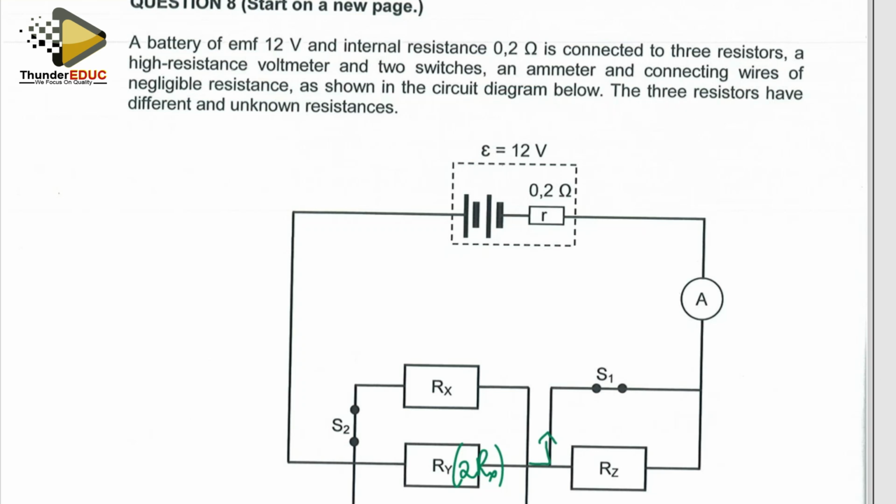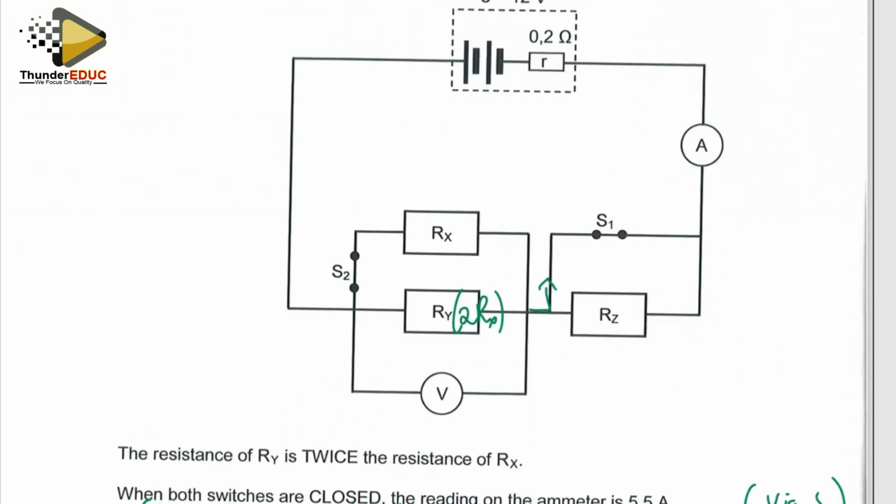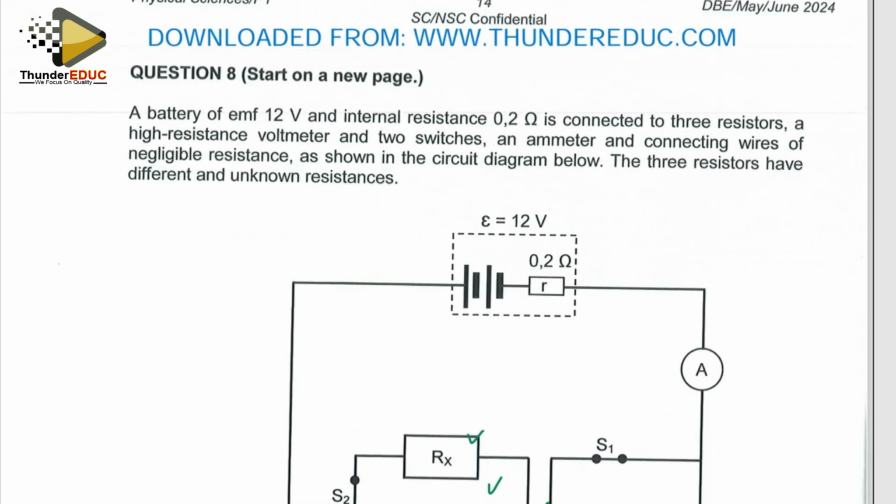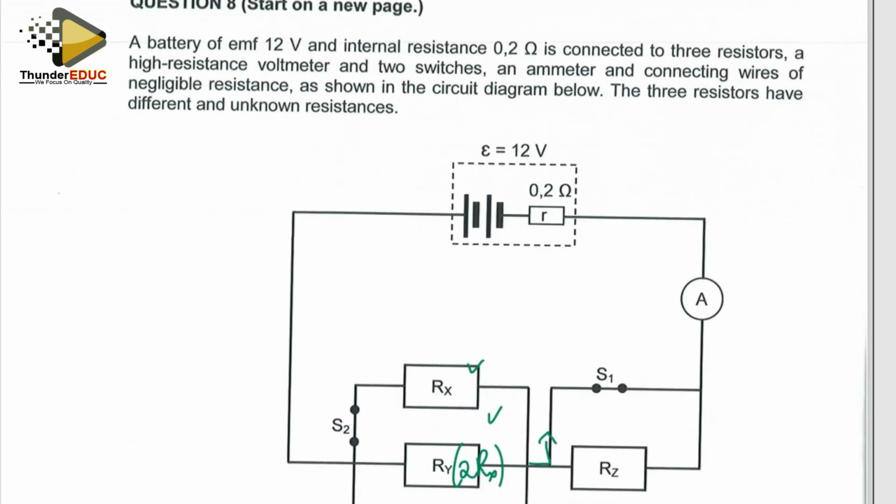Alright, and then 8.2, they want us to get the resistance of Y. When both switches are closed, we only have these two working, and the current is 5,5. Since we have our EMF, we can use the EMF formula, but let me first get the external resistance.